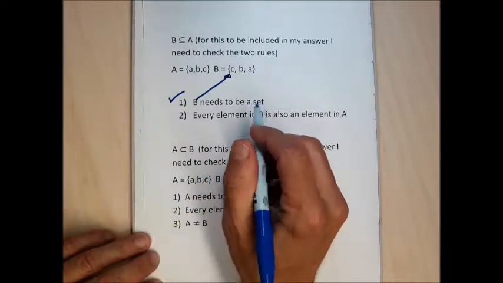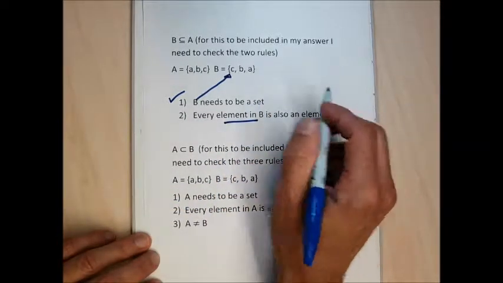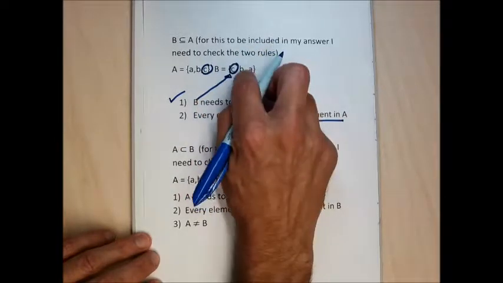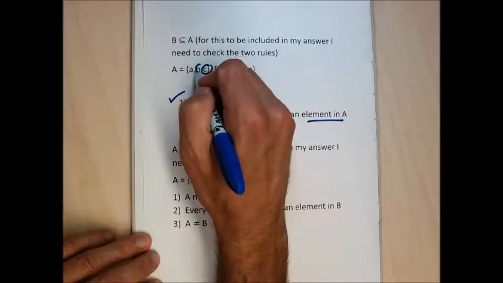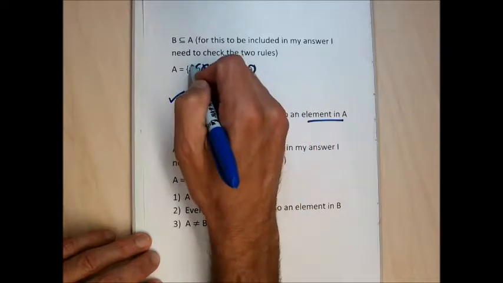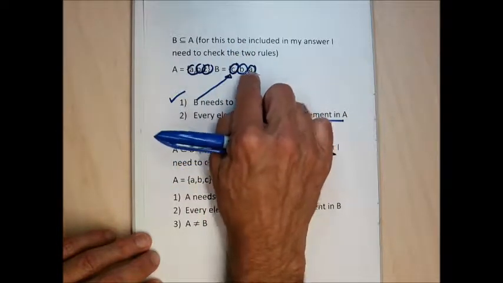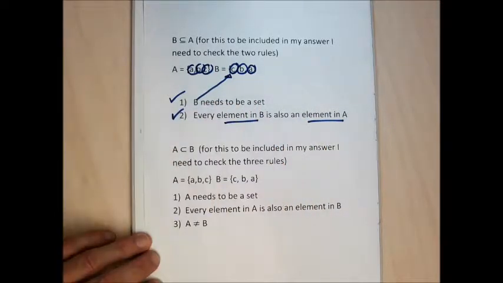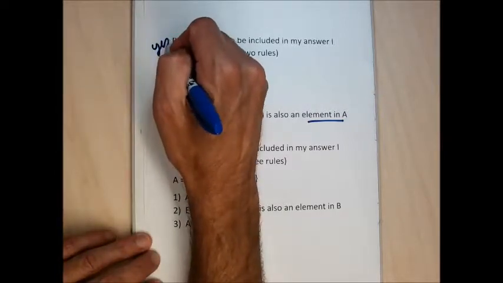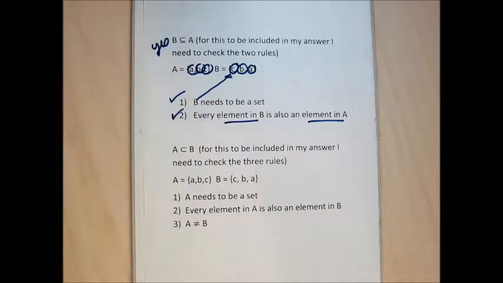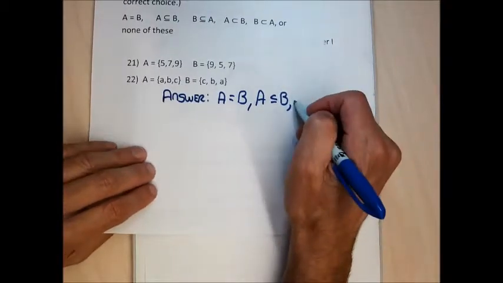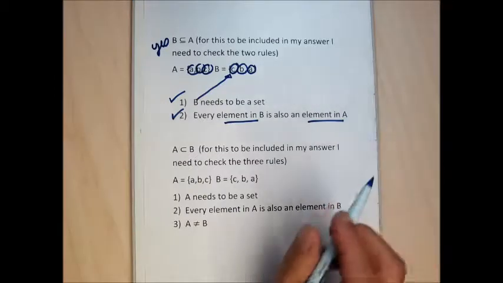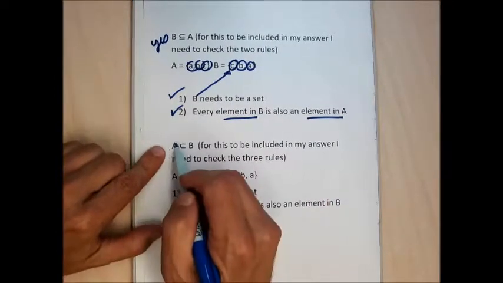Second, every element in B has to be an element of A. There's three elements in B. C is in B. It's also in A. B is in B. It's also in A. A is in B. It's also in A. The three elements of B are also in A, so every element of B is also an element of A. So that is good, and this symbol needs to be part of my answer as well. So the next symbol, and probably the last symbol I'm going to put in my answer, is B is a subset of A.